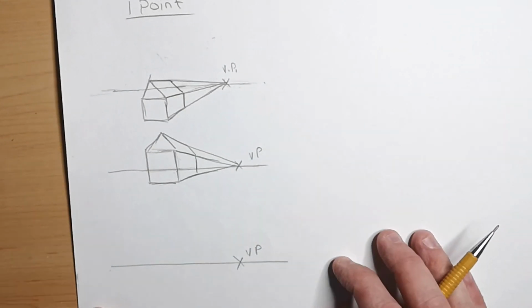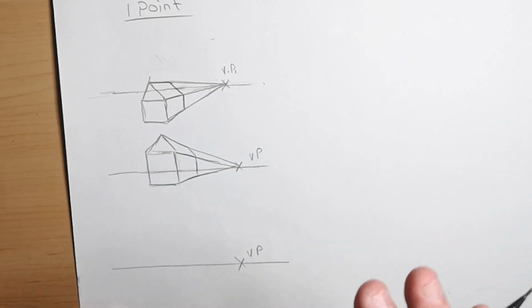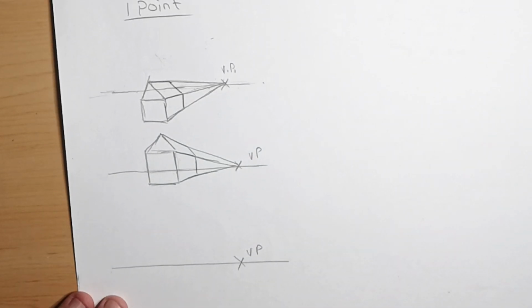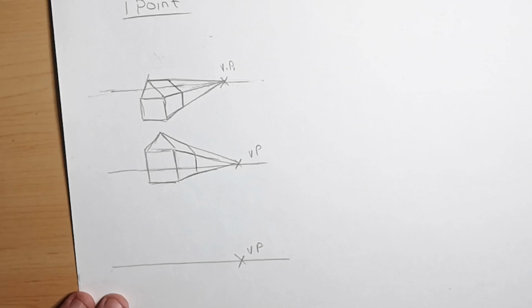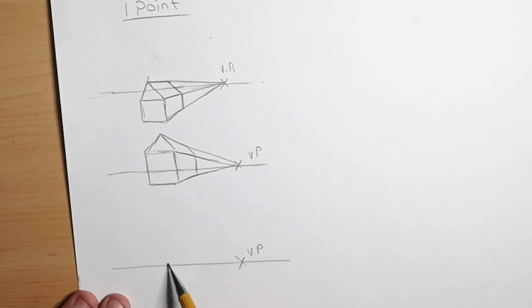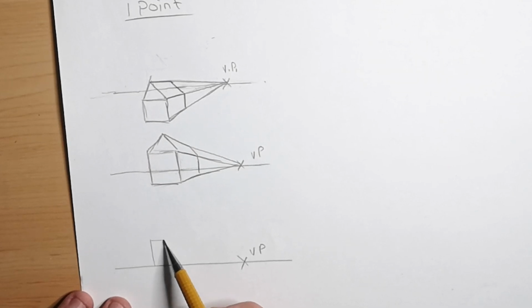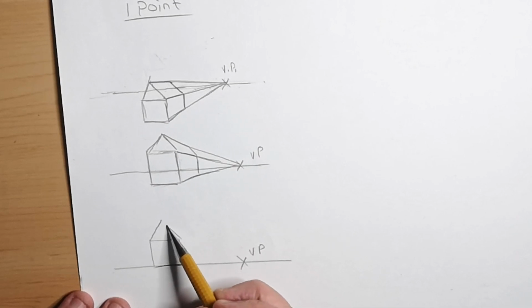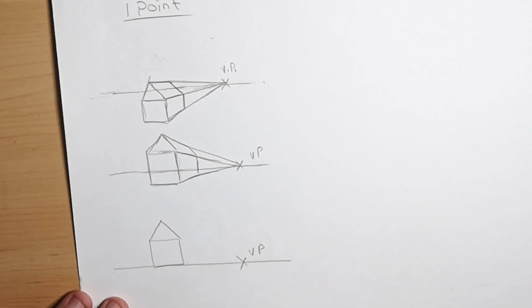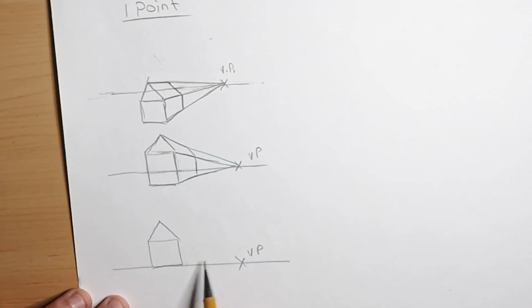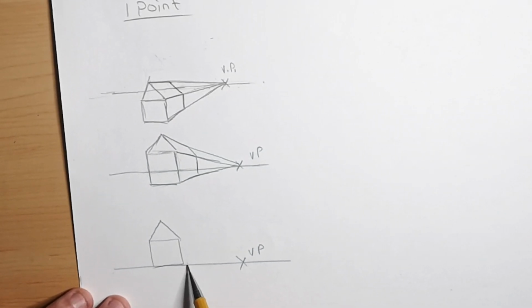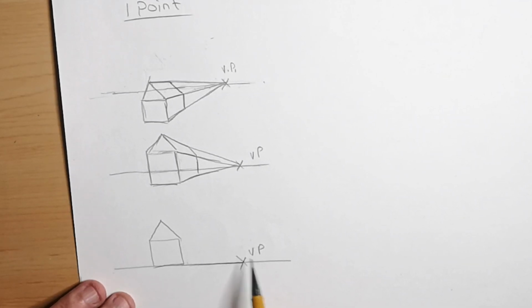And then finally we have our worm's eye view. So for the worm's eye view, you're going to be looking up a bit more, so all we need to do here is put our side of our house on the horizon line itself. And then same thing, well, the bottom line is already going to the vanishing point.